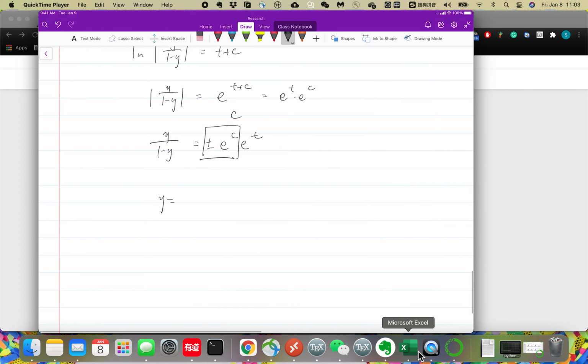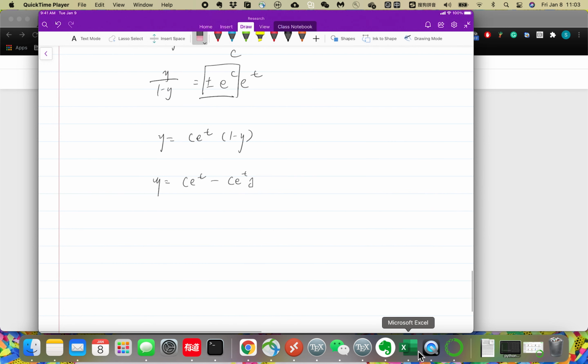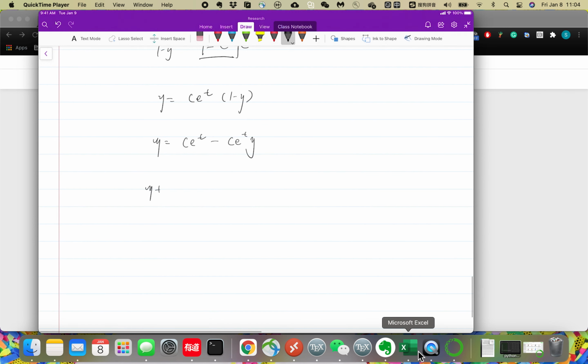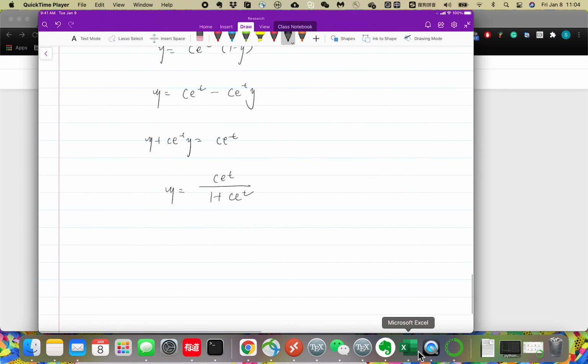So y equals c e to the t times 1 minus y. y equals c e to the t minus c e to the t y. y plus c e to the t y equals c e to the t. So finally, y equals c e to the t divided by 1 plus c e to the t, where c can be any constant.